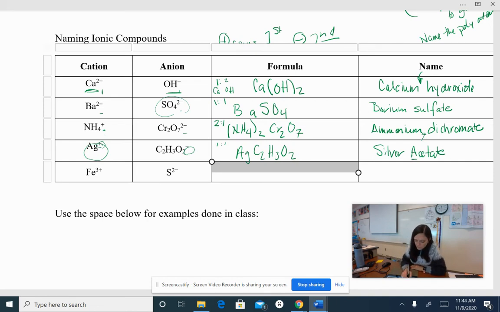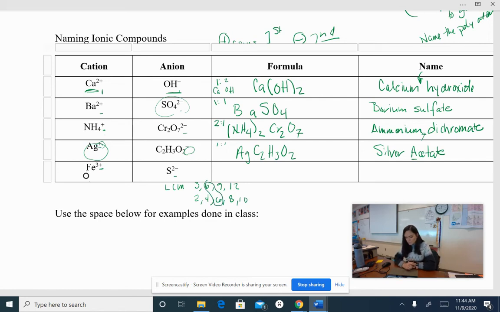Okay, here we go. We have iron, and it's a +3, and we have sulfur, that's a -2. What's our least common multiple between 3 and 2? So let's do multiples. 3, 6, 9, 12. That should get us 2, 4, 6, 8. Do you see that the 6 matches?